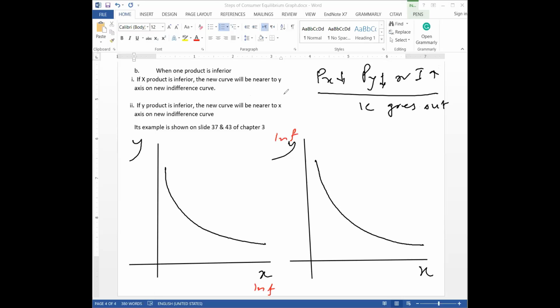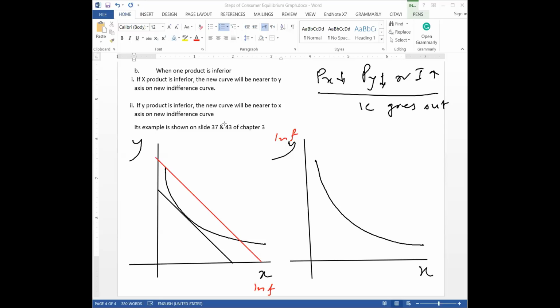So what will happen? When you are drawing the new indifference curve, rather than making it parallel, you have to make sure that it is away from the inferior product. So let's draw a budget line here. This was the initial budget line and there is an increase in income, so the new budget line is outward.